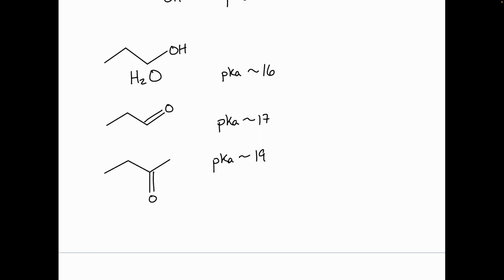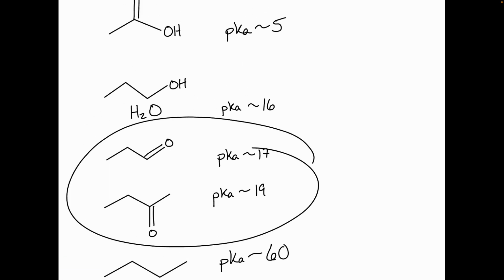But just to put it in perspective, if I had an alkane, all of a sudden the pKa is around 60. Ridiculously difficult to remove hydrogens from carbons, except for these aldehydes and ketones, right?